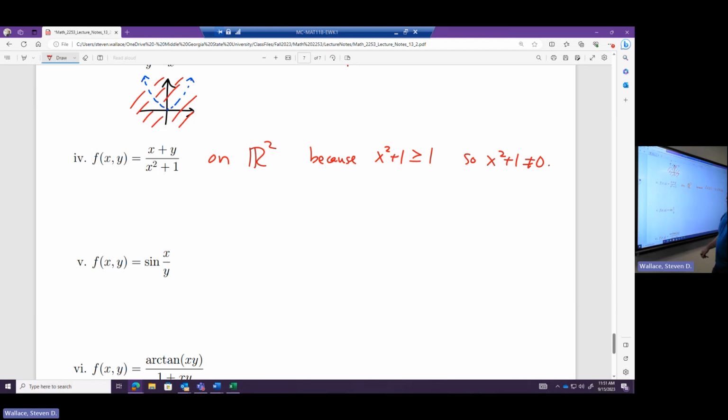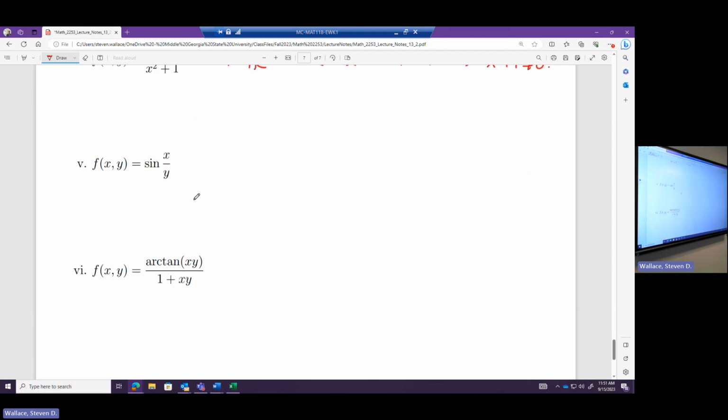What about item number 5? Once again, we can't have a 0 in the denominator. So this is the x-axis.